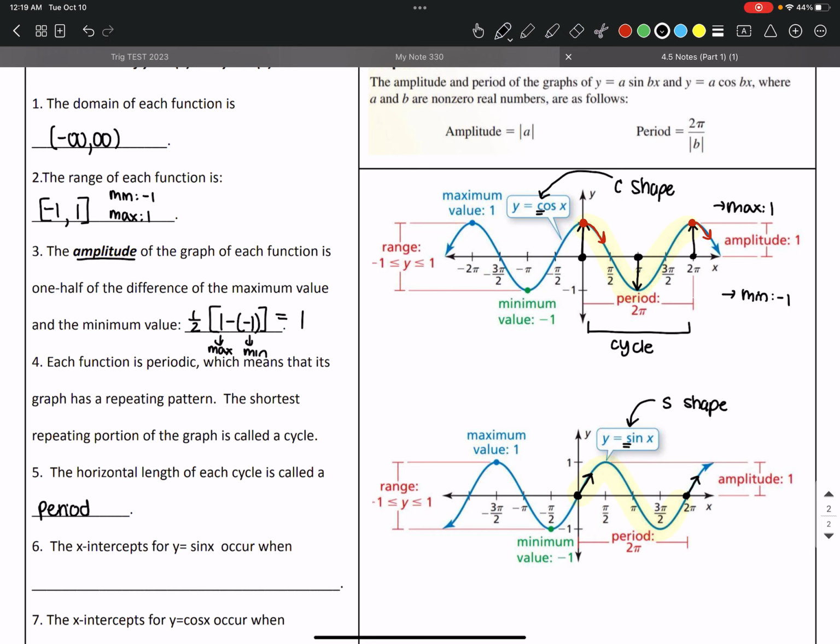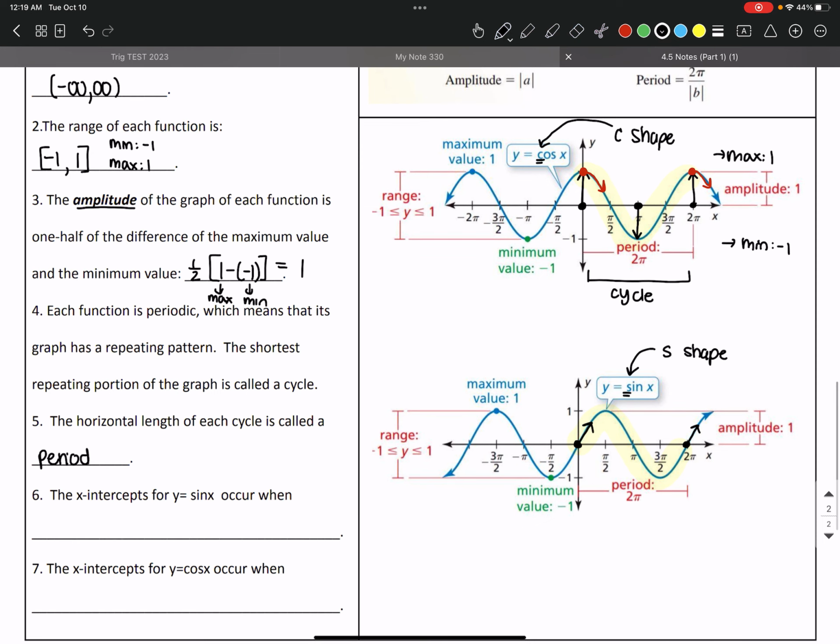And the period for that repeating shape, or the length of it, is 2 pi, both for cosine and sine graphs. So that's what I'm going to keep in the back of my head, that I know for the parent function, the period is 2 pi for cosine and sine.